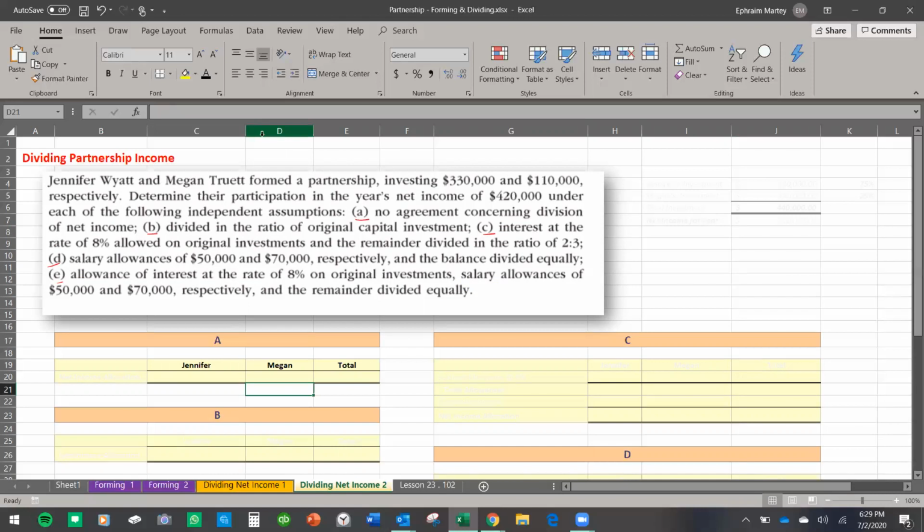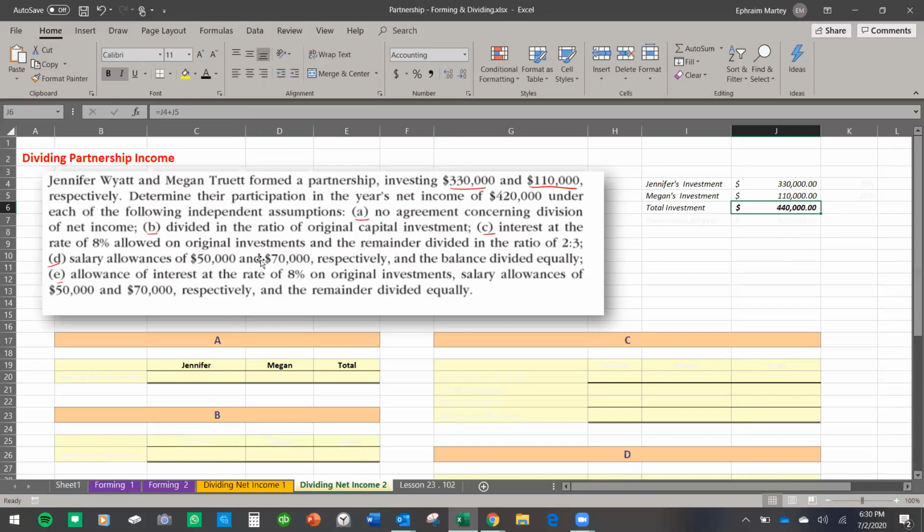Jennifer's investment is 133,000 and Megan's investment is 110,000. I'm listing the investments, and their total investment is the addition of those two, because I will need them to calculate one of the allocations.